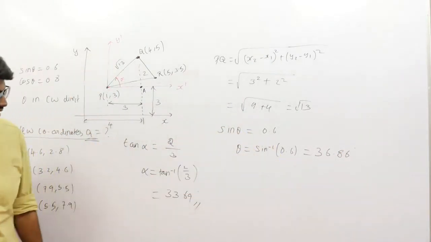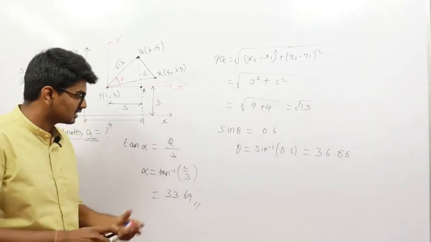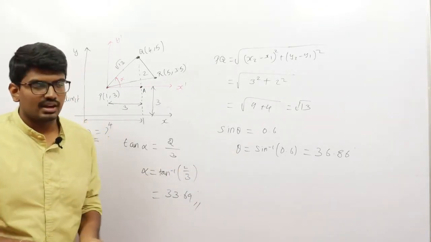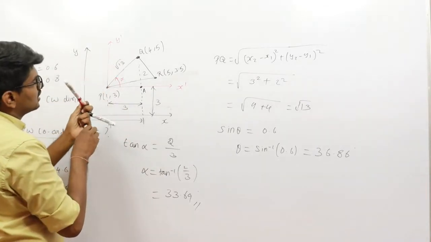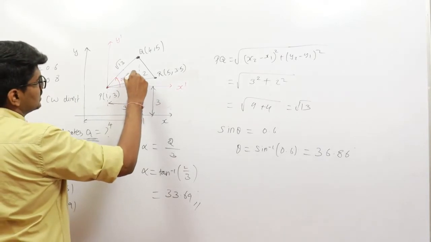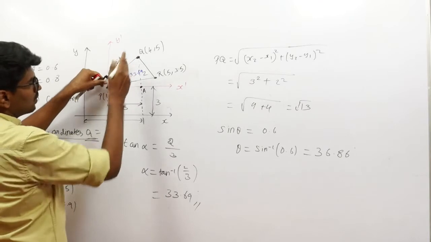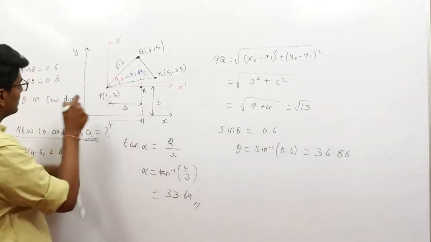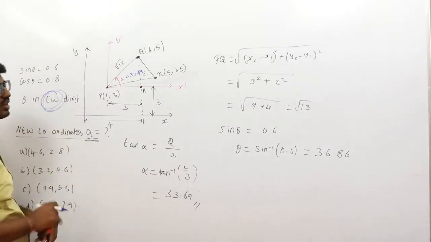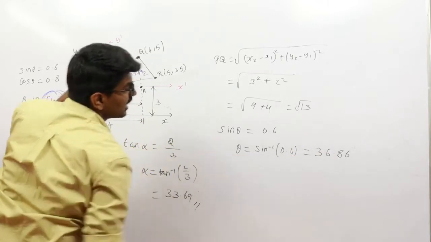Now see this. Theta is 36.86, alpha is 33.69. This is our line PQ. This alpha is 33.69. And now this line PQ is being rotated in clockwise direction. They have given clearly it is rotated in clockwise direction by an amount of 36.86.